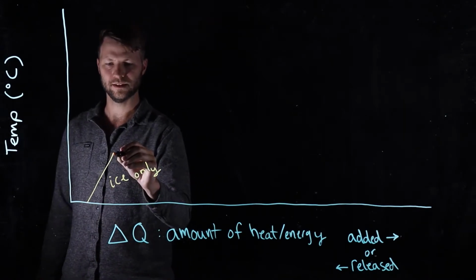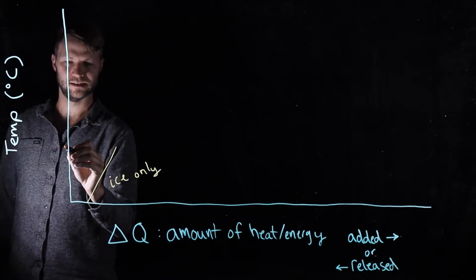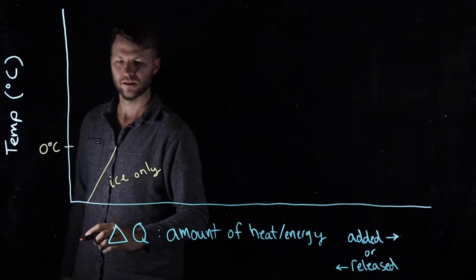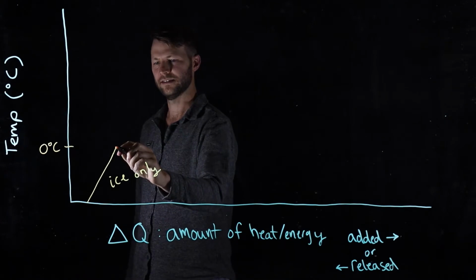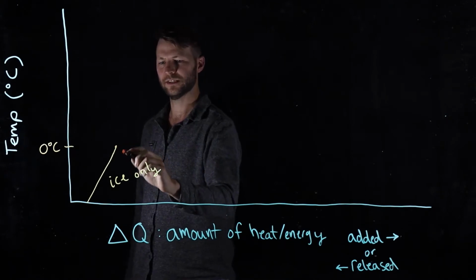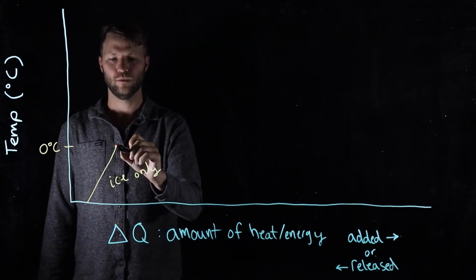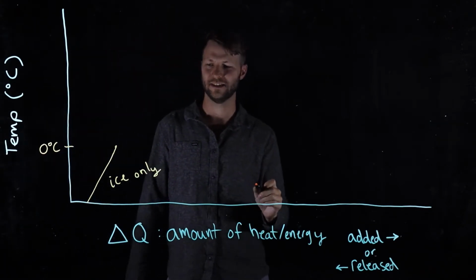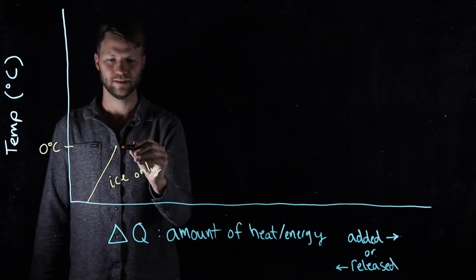At a certain point here, namely at 0 degrees Celsius, we're going to hit this temperature when something special happens. We keep adding heat, but the temperature of the ice actually doesn't change. Instead, it starts to melt.